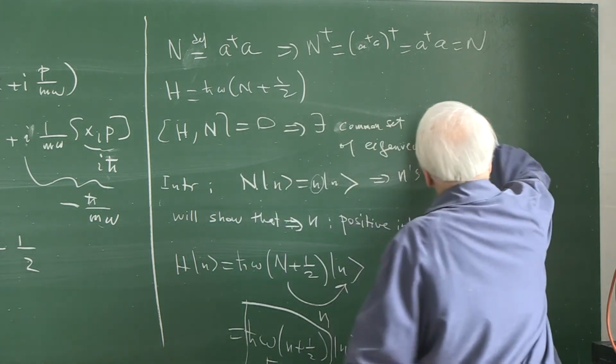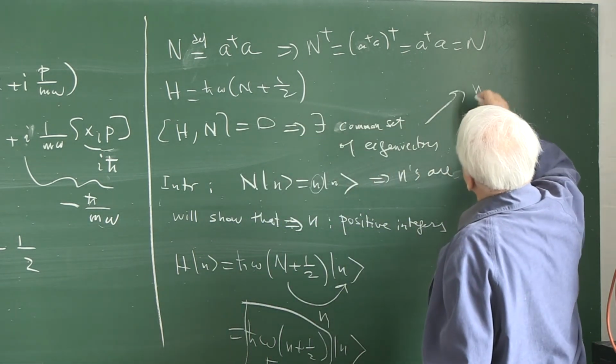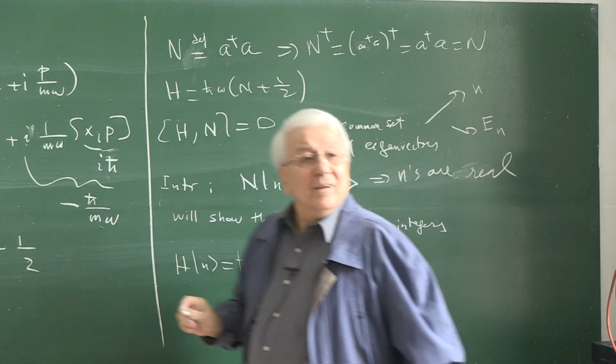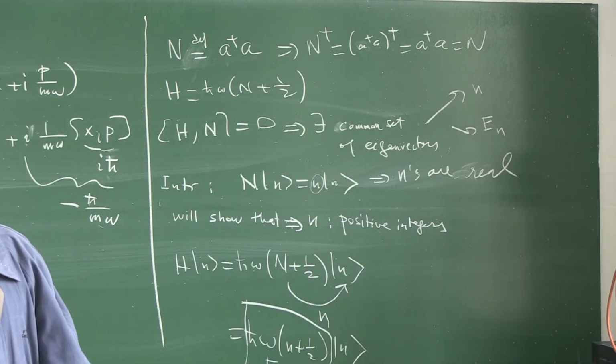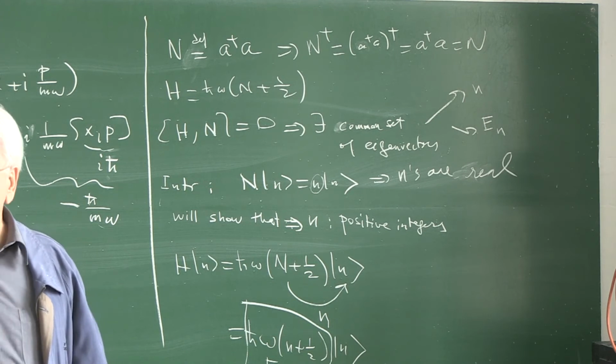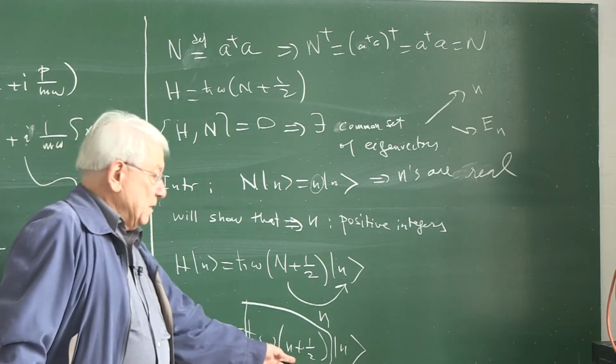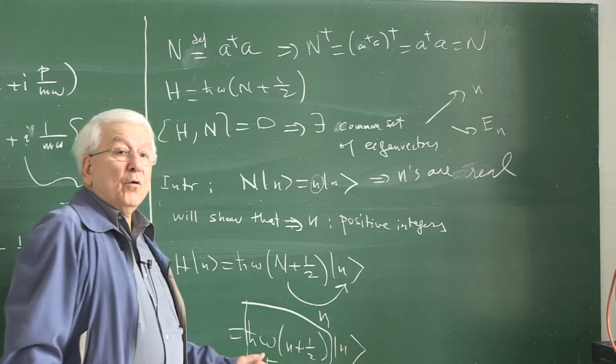Common set of eigenvectors. One set of eigenvalues are n, the other set of eigenvalues are E_n. Eigenvectors are the same, common, but eigenvalues are different, of course. And n's are real numbers, E_n's are also real numbers. E_n involves little n times h bar omega.